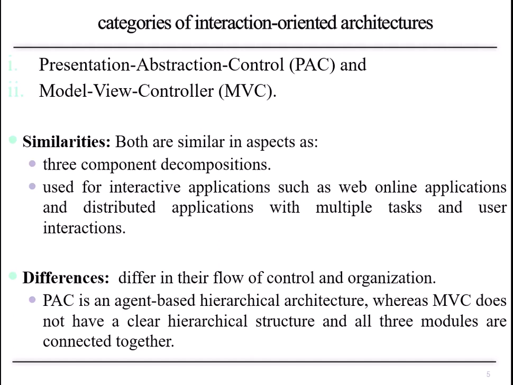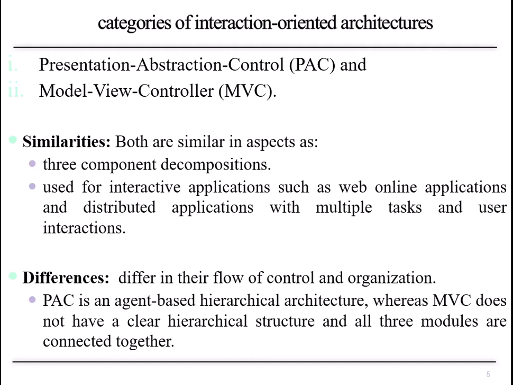Both have some similar features like three component decomposition. Both of these patterns have three components. Both are used for interactive applications such as web online applications and distributed applications with multiple tasks and user interactions.